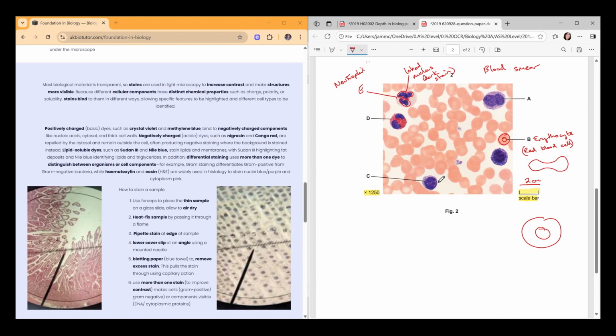Now, the differential staining, as we said before, the eosin is going to give our cytoplasmic proteins a pink or red color. And if we're looking at our nucleic acids, the hematoxylin is going to give them a blue-purple color. So because of that, we are able to see where there is a nucleic acid being held inside our nucleus.